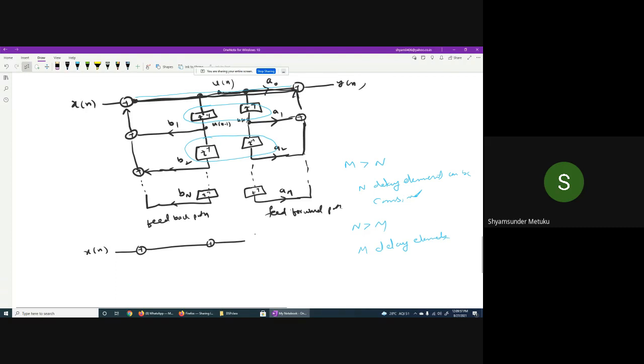This is y of n. Then I'm just tapping one time instead of two times. This is A1, this is B1. Again, these are z inverse. This is A2, this is B2.